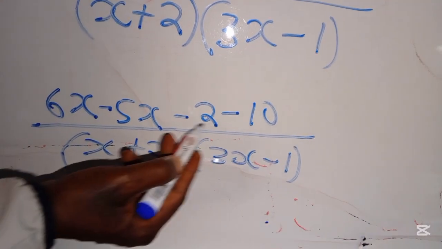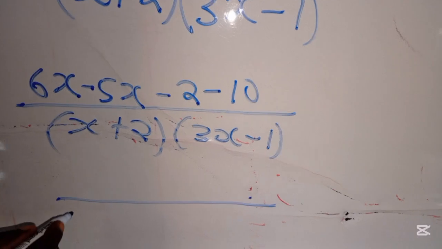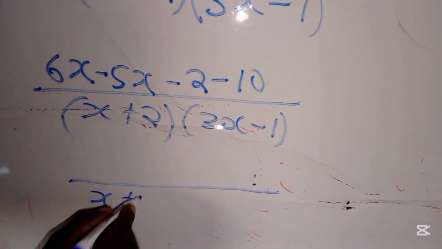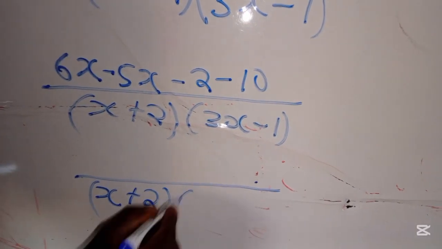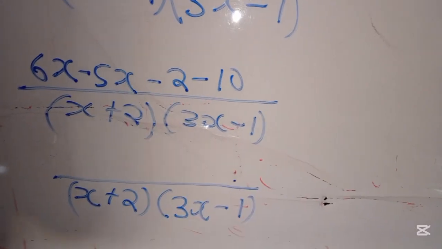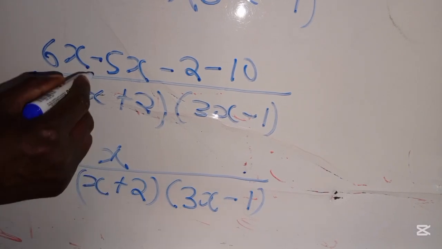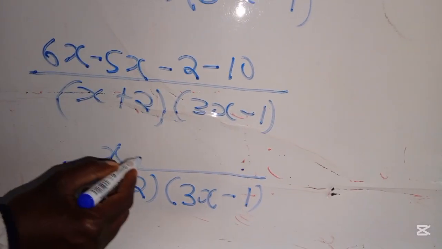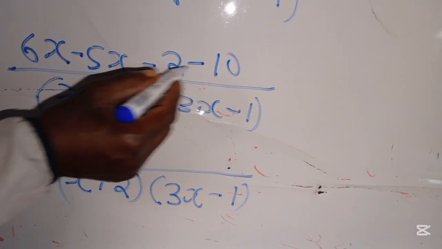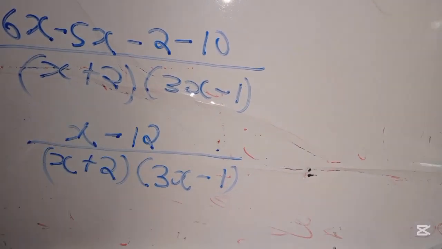So be careful, this is a negative and negative. You maintain the brackets at the bottom, and those brackets which were introduced should be carried on, don't change. Then this will be x, because 6x minus 5x, and this will be a negative. Why negative? Because both are negative. So you're going to the negative side, you're going to have a 12.